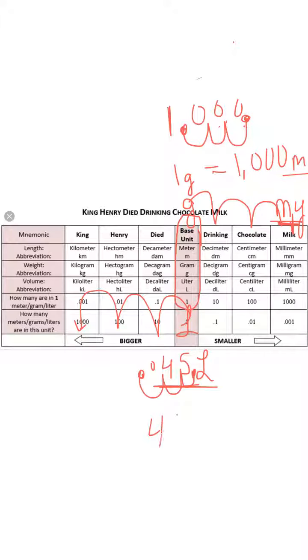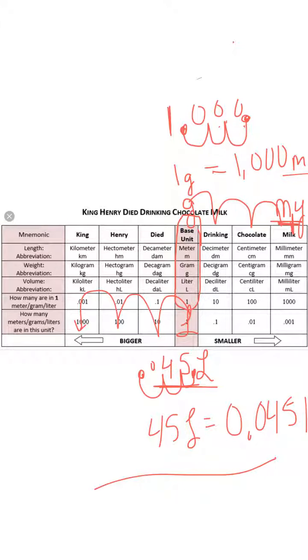So 45 liters is equal to 0.045 kiloliters. And really in chemistry, you're going to see everything in kilo or in a base unit, and we use a lot of milli. So being able to go back and forth between the place values is important.